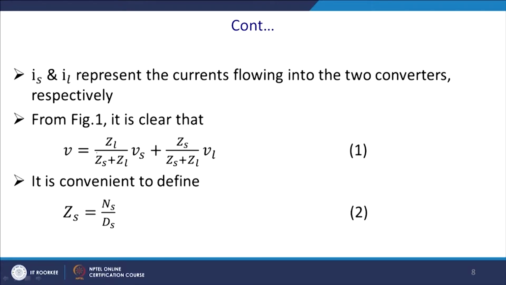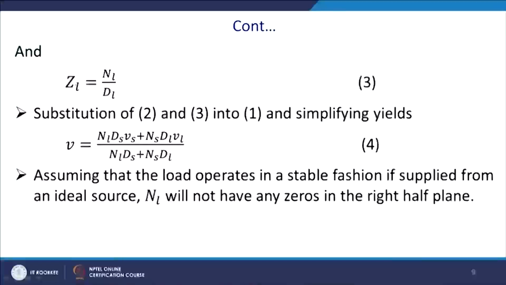From this figure we can write that V, that is the Thevenin equivalent voltage, is ZL by (ZS plus ZL) into Vs plus ZS by (ZS plus ZL) into VL. It is convenient to define, let us say, ZS in terms of a polynomial in the Laplace domain, that is numerator and denominator, and similarly ZL will be NL by DL.